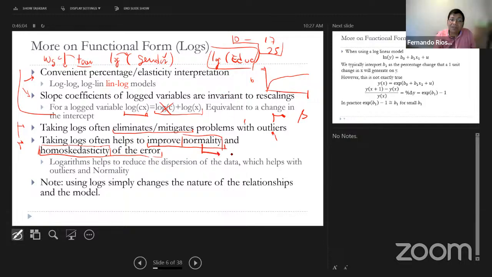So really the normality is because when you have a small n, you need the beta coefficients to distribute as normal, and normality is the only way to get the coefficients to be normal when you have small samples. When you have large samples, you rely on asymptotic normality, so this doesn't matter anymore. So that's why taking logs might help to get normality of the errors, but it's not needed.